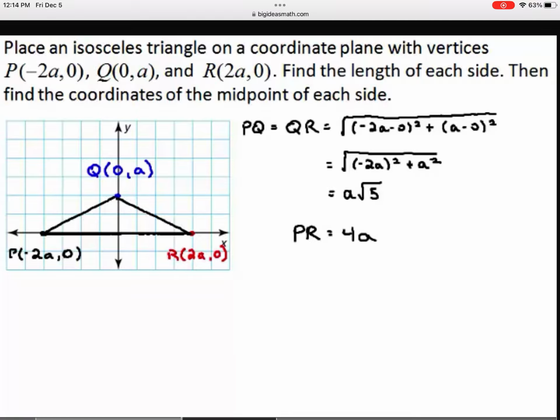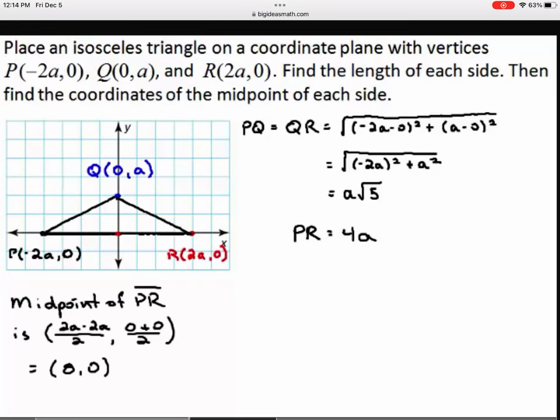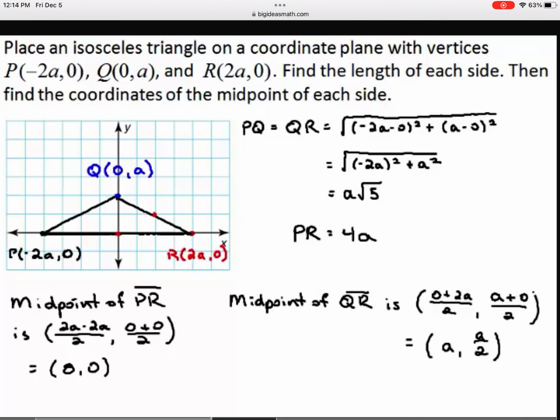Next, find the coordinates of the midpoint of each side. So the midpoint of line segment PR is ((2a minus 2a) divided by 2, (0 plus 0) divided by 2), which equals (0, 0). And the midpoint of line segment QR is ((0 plus 2a) divided by 2, (a plus 0) divided by 2), which equals (a, a/2).